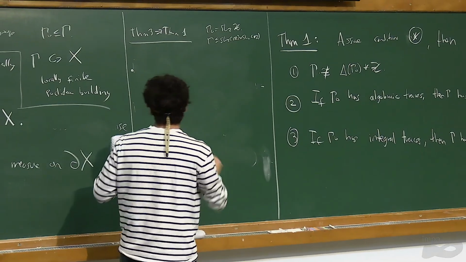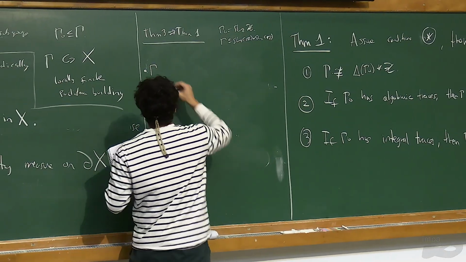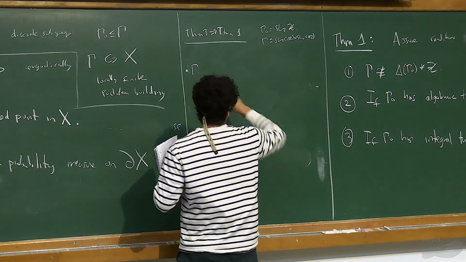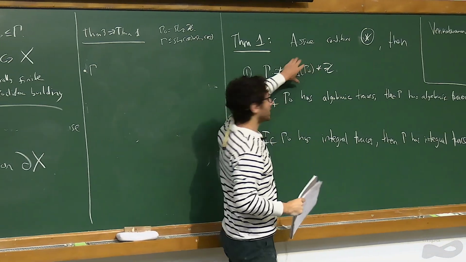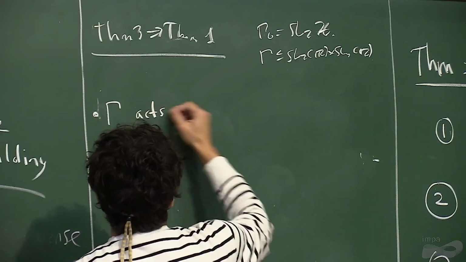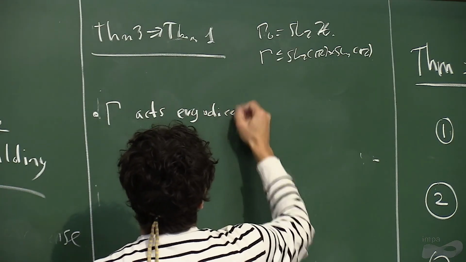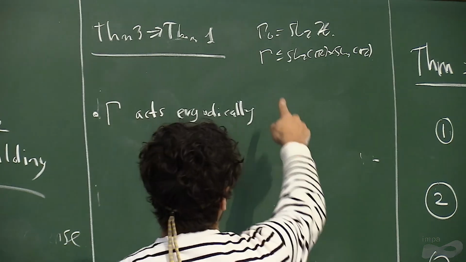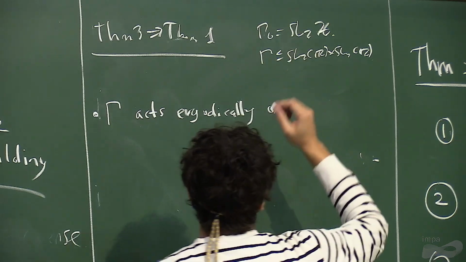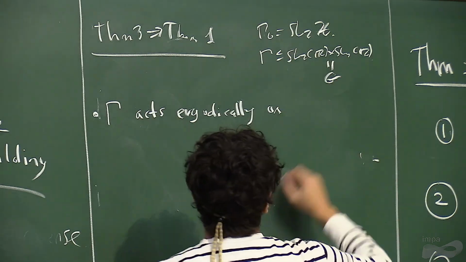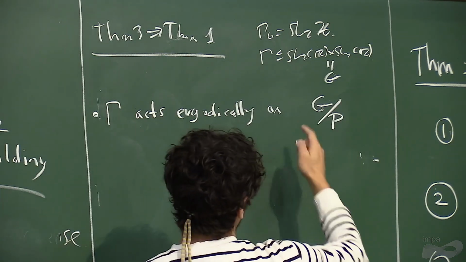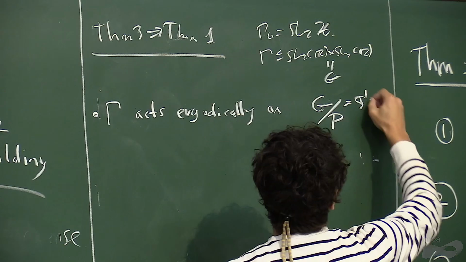It's part of the reason that we have this hypothesis of gamma containing this diagonal subgroup: gamma acts ergodically on the boundary of this G, on G mod P. In this case, G mod P is S1 times S1.